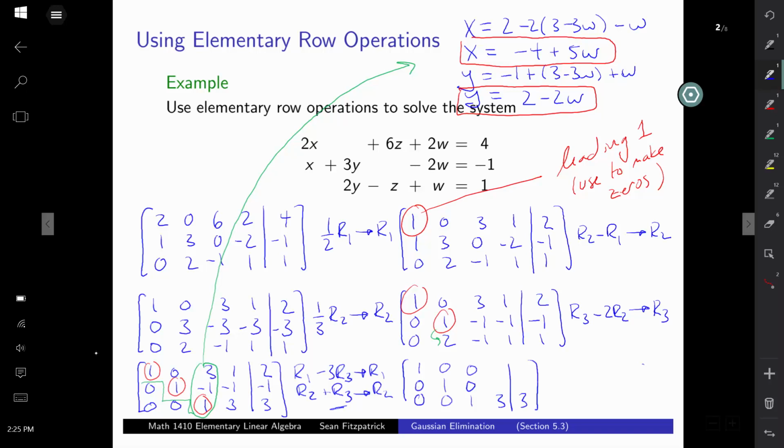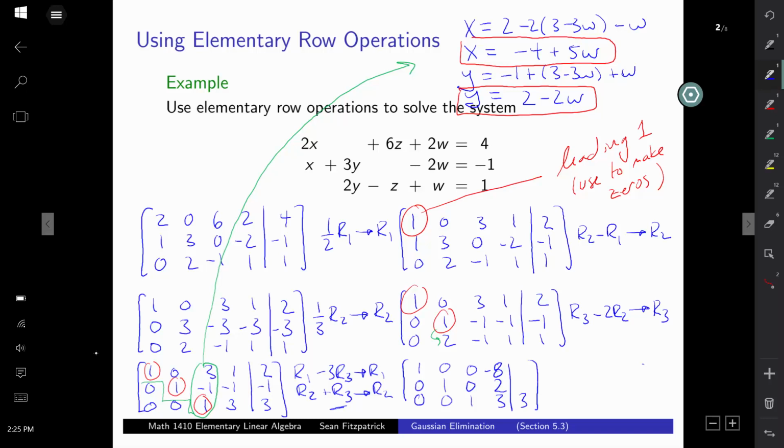Okay? So if I do -3 times row 3, it gives me a -9. Added to that 1 gives me -8. And then -1 plus 3 gives me a 2. Okay, good. So I get down to there, and I have to deal with the other side as well.